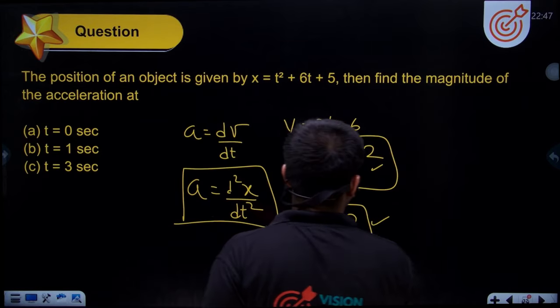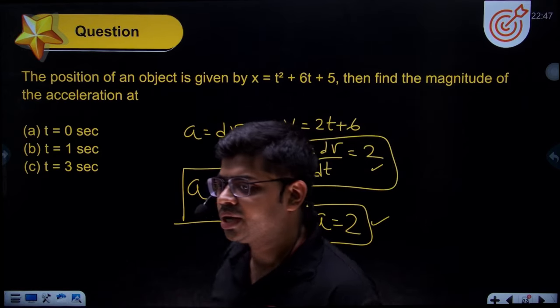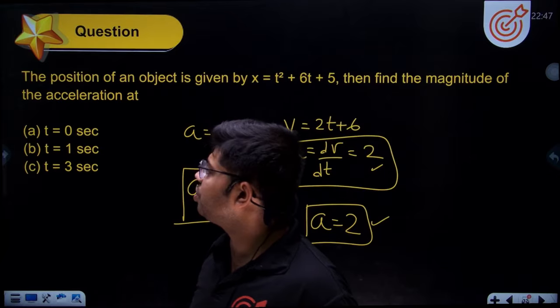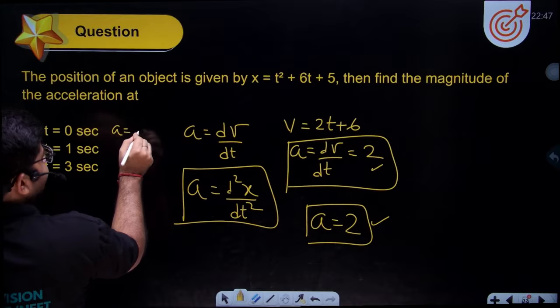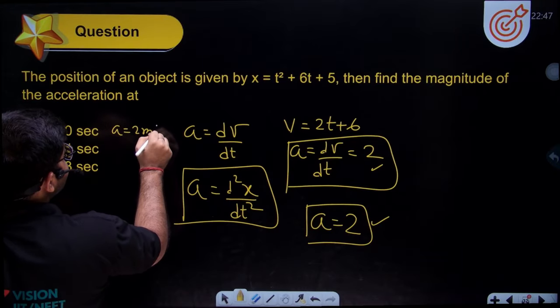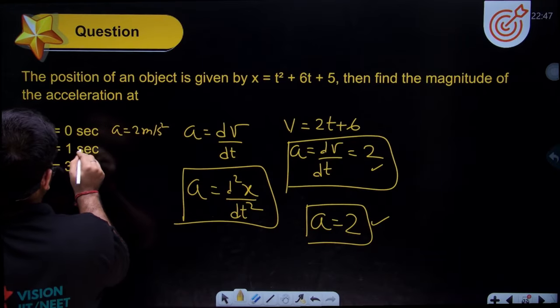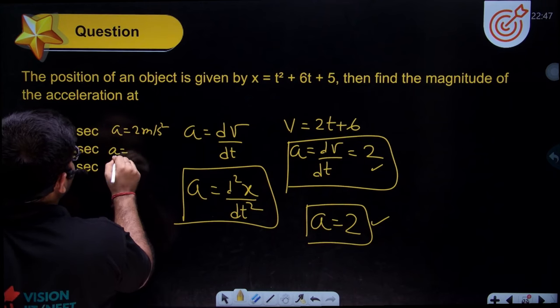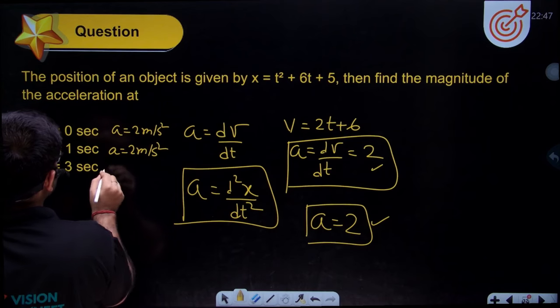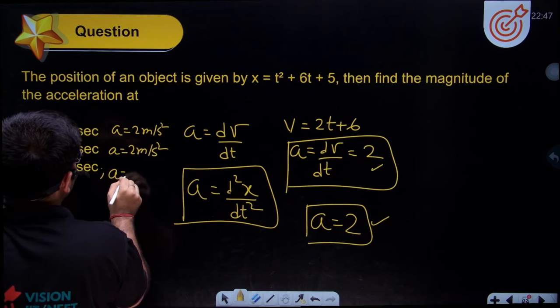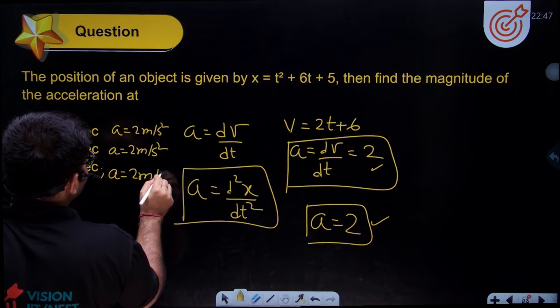Acceleration is purely a constant, 2 meter per second square. So at time t is equal to 0, as it is not a function of time, you will get acceleration to be 2 meter per second square. At t is equal to 1 also, and at t is equal to 3 also, you will get acceleration to be 2 meter per second square.